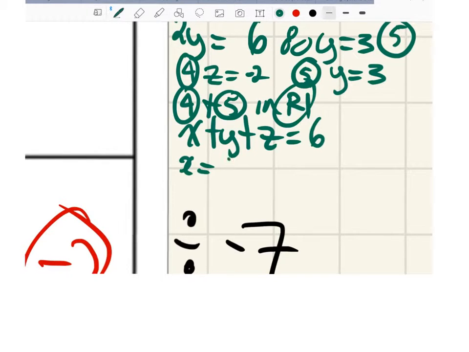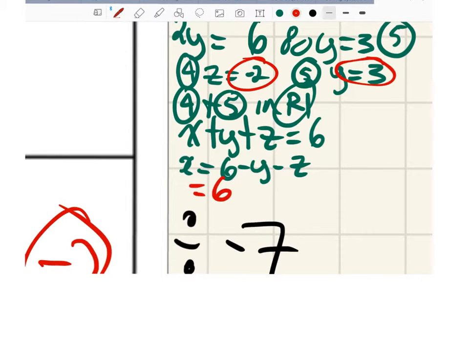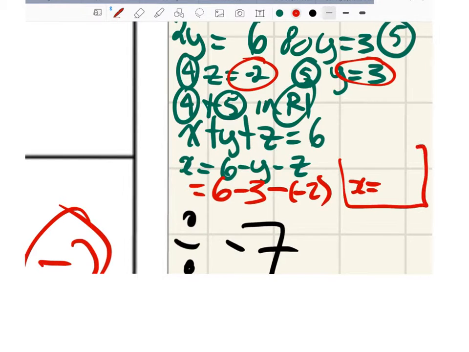Or x equals 6 minus y minus z. z's negative 2, y is 3. So x equals 6 minus 3 minus negative 2. Okay, x equals 6 minus 3 is 3, plus 2 is 5.